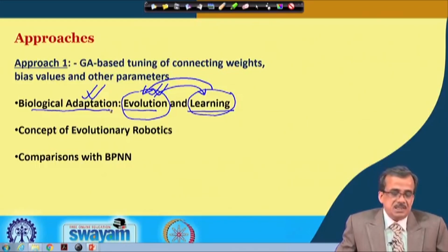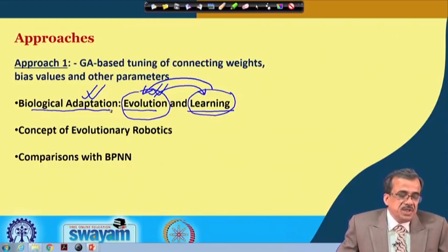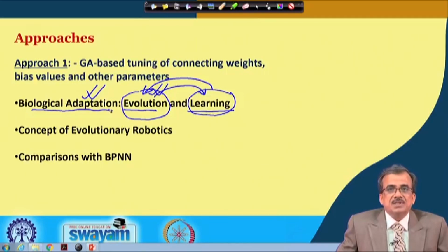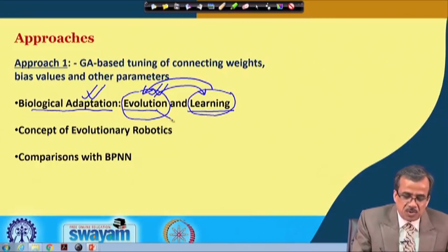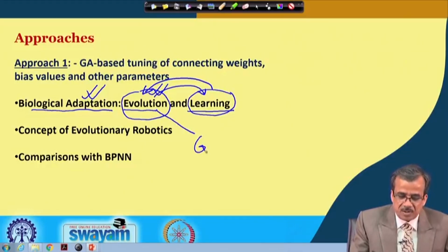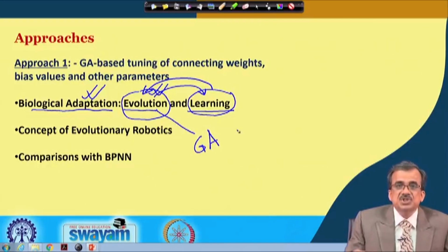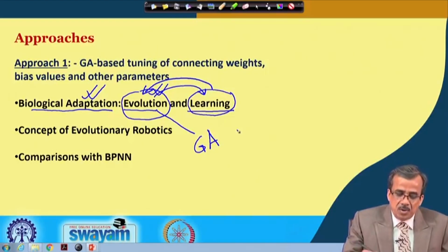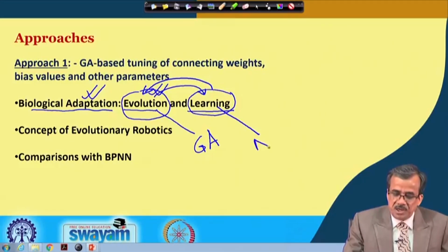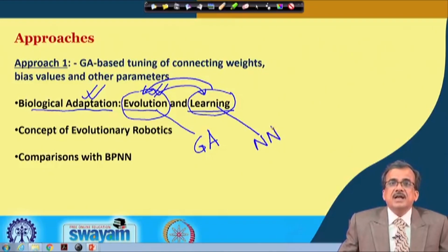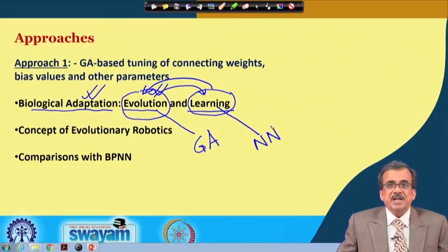The same thing has been copied here, in the genetic neural system. What we do is use some evolution tool, like the genetic algorithm, denoted by GA, and some learning tool, for example a neural network, in this combined tool.